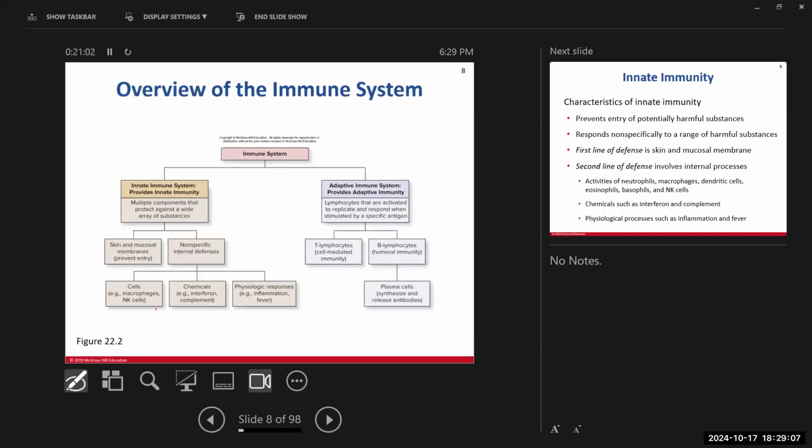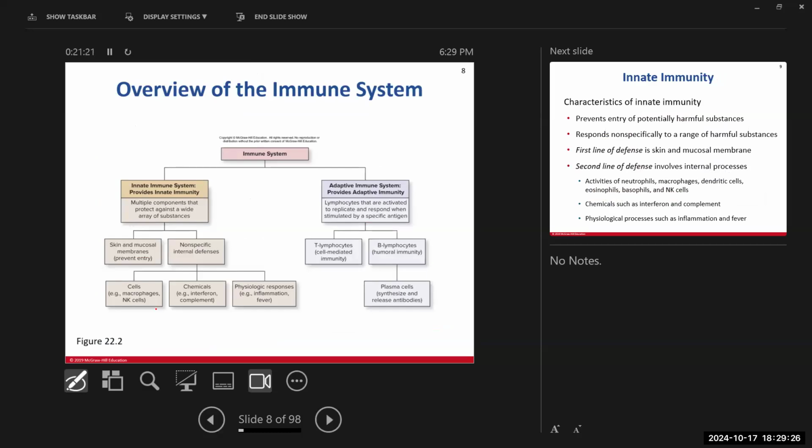So I would say this is figure 22.2. Look at this chart here, and start with this when you're starting to understand the immune system. You'll notice on the left side of our screen we've got our innate immune system, and on the right side, the adaptive.